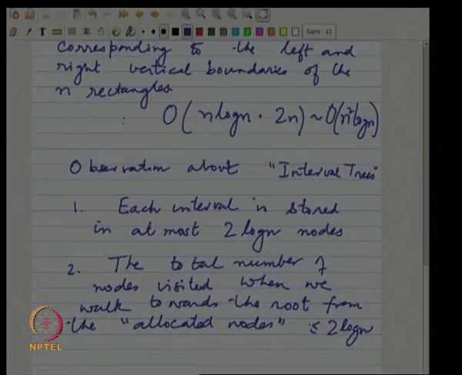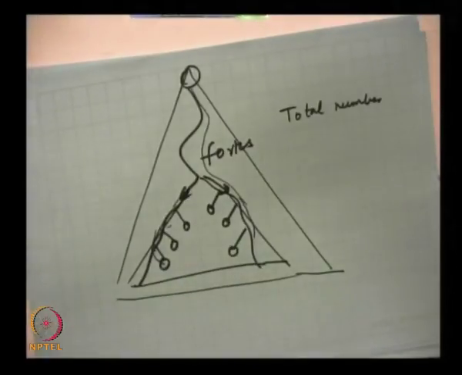And moreover, these allocation nodes for each interval have a very nice structure: when you walk up from these nodes towards the root, you are not going to visit more than again about 2 log n nodes. So, this entire thing gives us an order log n update time for adding or deleting an interval.